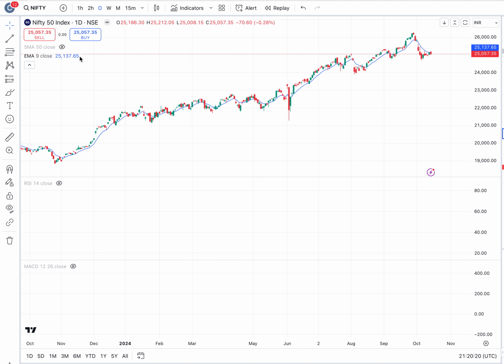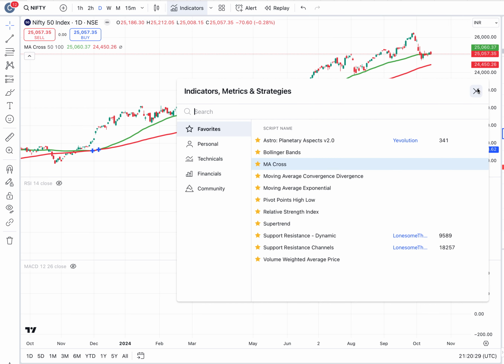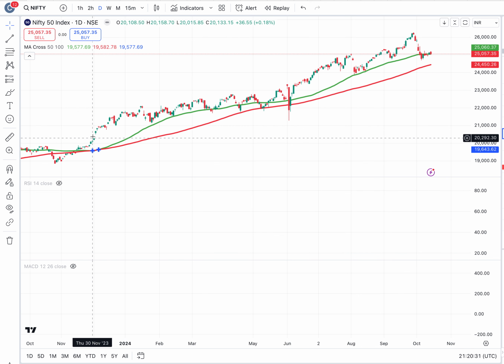I think this is fine. Let's delete this and have just the cross, so you will find the moving average cross. You can enter trades here also. Let me show you how you can adjust your inputs.